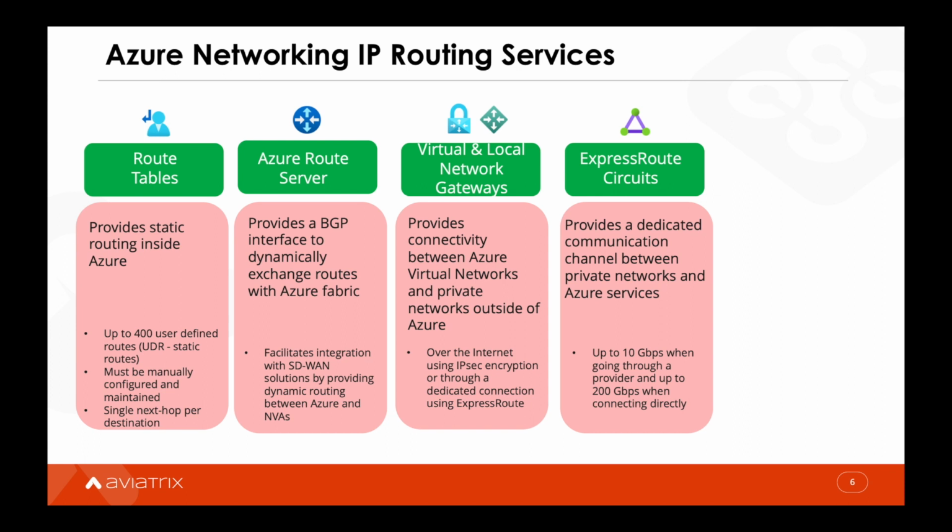Now, an ExpressRoute circuit can provide up to 10 gigabits per second when the service is contracted through a service provider partner from Azure, like Equinix, AT&T, CenturyLink, or it can provide up to 200 gigabits per second when a model called ExpressRoute Direct is used.